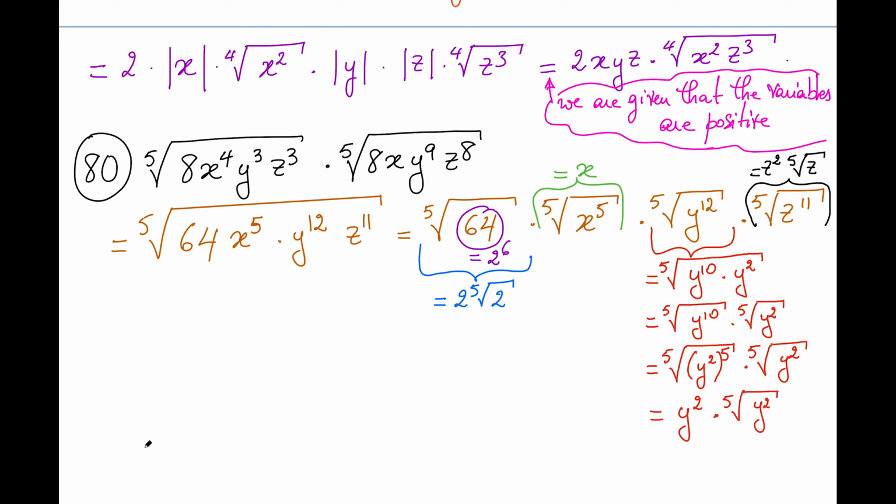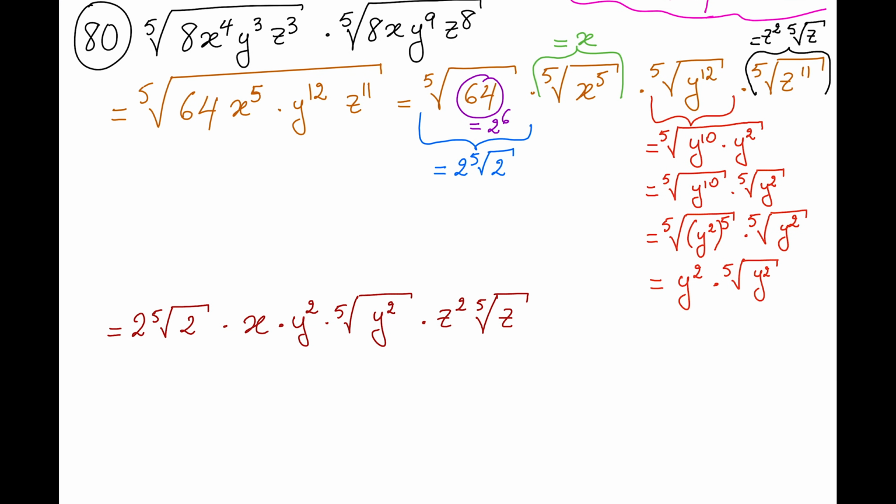This is equal to 2 fifth root of 2 times the green x times the red expression, which is y squared times the fifth root of y squared, and this last one, which is z squared times the fifth root of z.